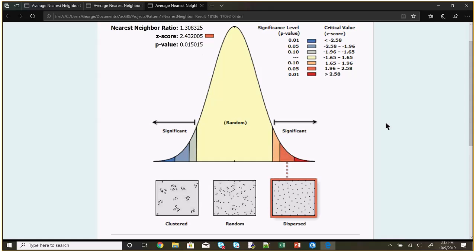So in other words, there's a 95 percent chance that a pattern like this will only be created at random less than 5% of the time. So this is more likely a dispersed pattern. In other words, the pattern was created by dispersion.